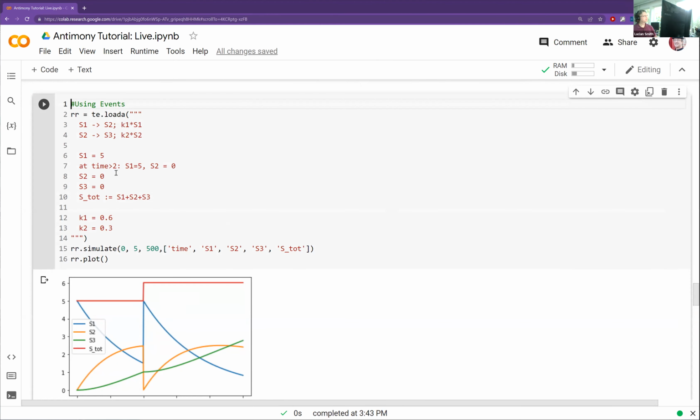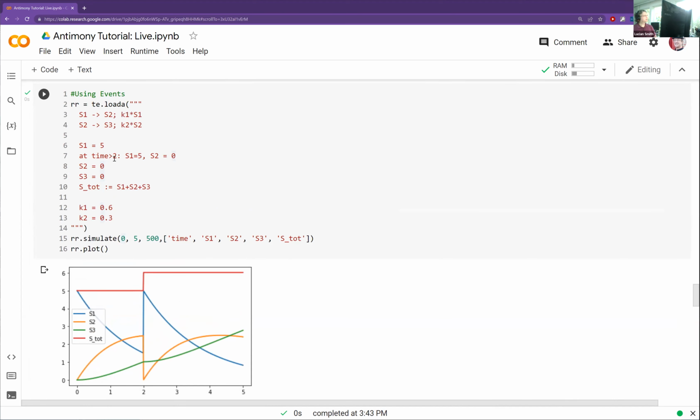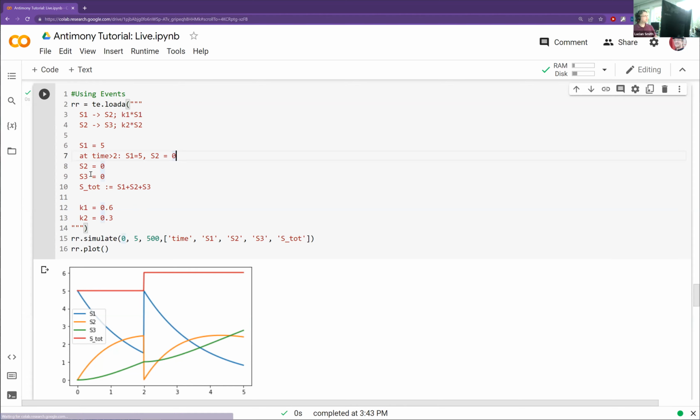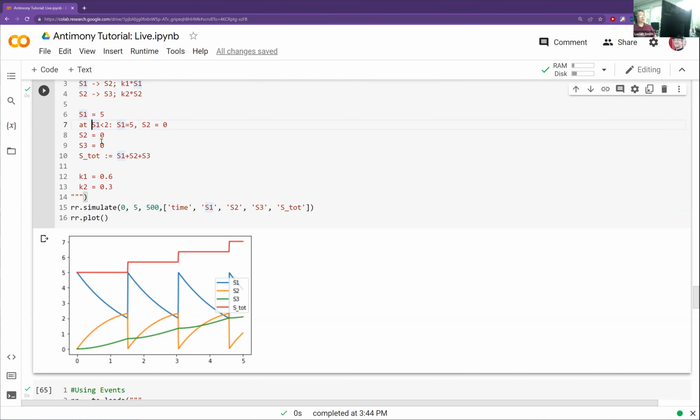All right. So now, if you remember what happened here, right? So just at time greater than 2, we reset S1. Oh, that's not here. We'll do S1 less than 2 because that's more interesting. So now every time S1 goes less than 2, we set S1 to 5. What we can do with events also is have them trigger at one point, but fire at another point.